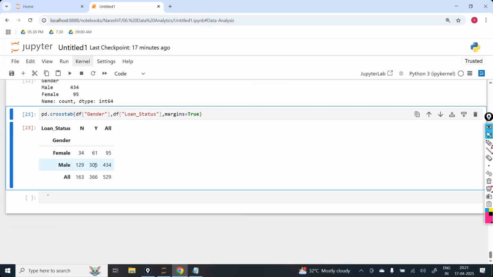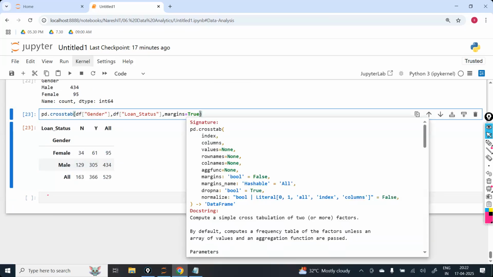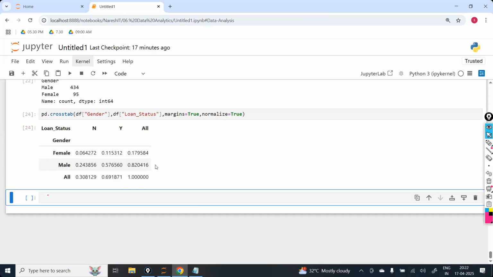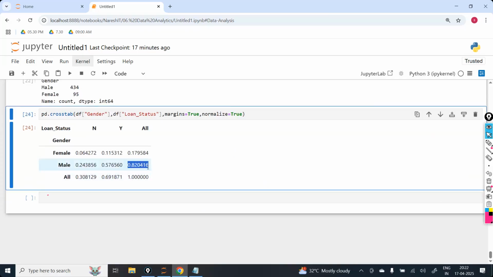Now if I want to check percentage wise, here I can divide with normalize. So here I'm writing normalize equal to true. So can you see? Out of 100%, 82% are males and only 18% are females.